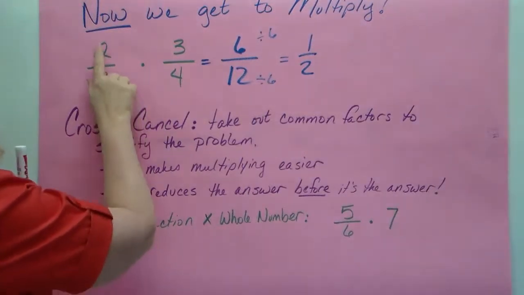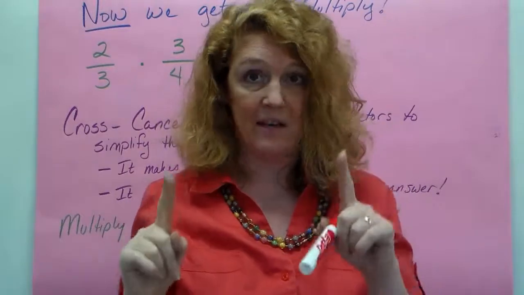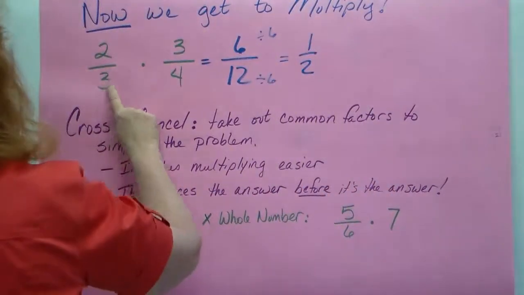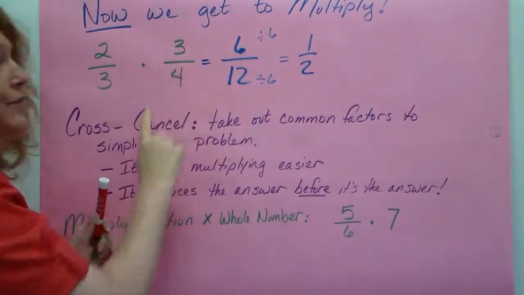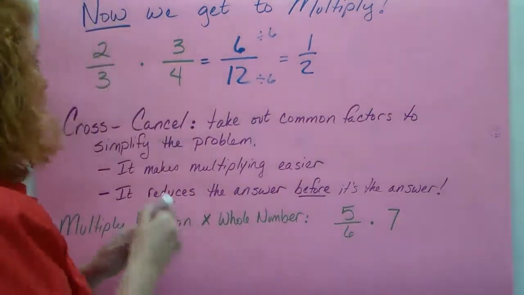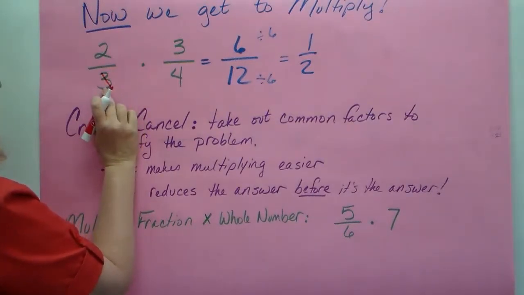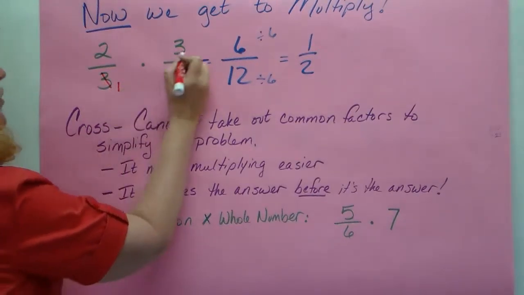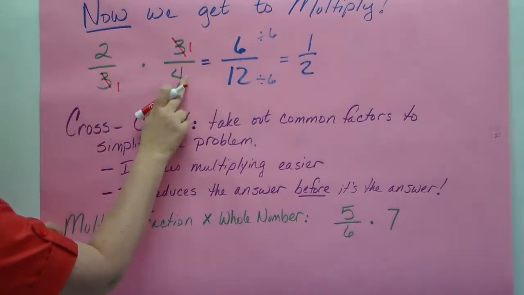For example, cross-canceling means you look diagonally at the numbers. So here, look, I've got a 3 and a 3. Well, I know that they both have a 3 in common. So I'm going to actually divide by 3. 3 divided by 3 is 1. 3 divided by 3 is 1. Now I'm going to look at this diagonal.